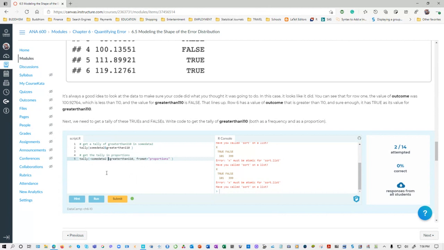Some data is going to come from this one. Greater than 100 from data. This one greater than 110 in data.